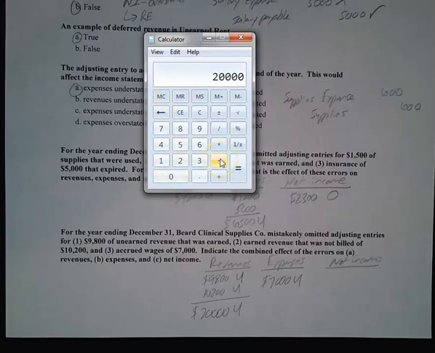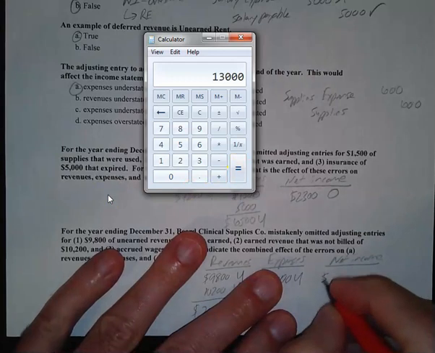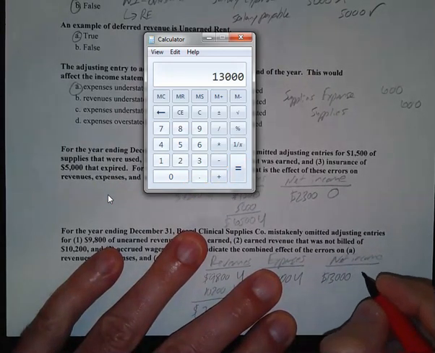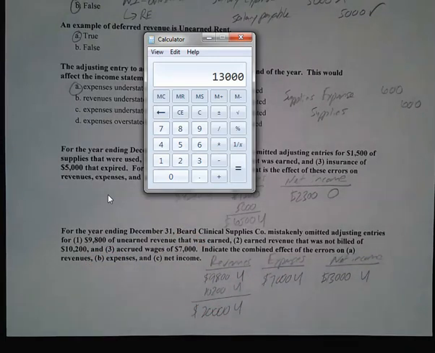That means our revenues are understated. If revenues are understated, net income is going to be understated. But we also have some expenses that kind of offset that, but only $7,000. So our impact on net income is $13,000, and net income is understated as well. This example actually is probably a little bit easier to see.